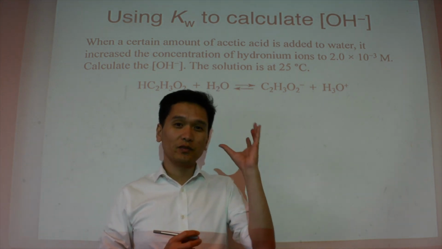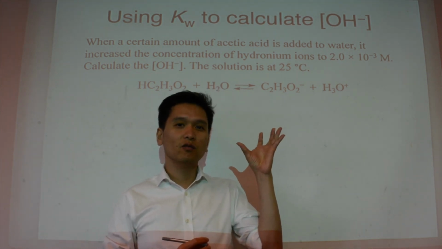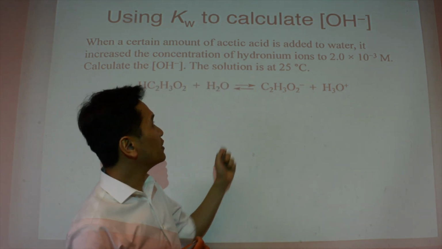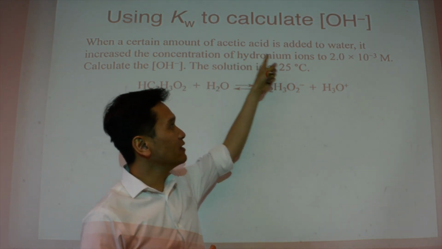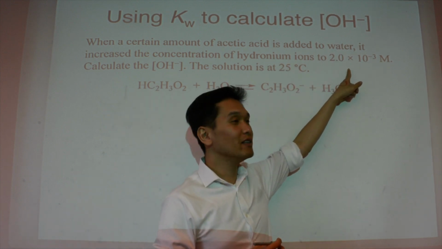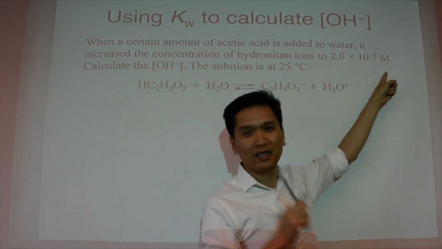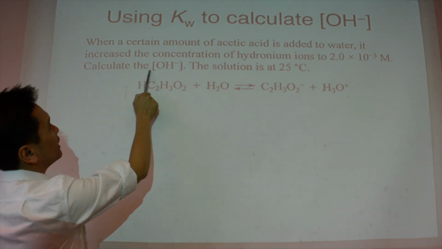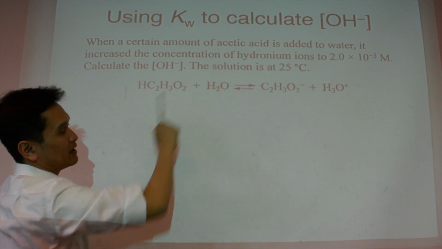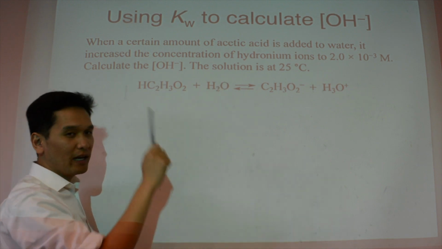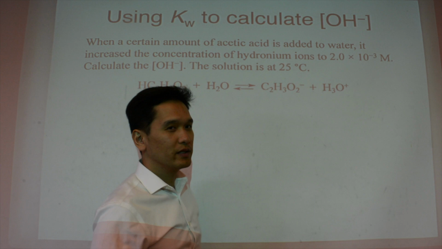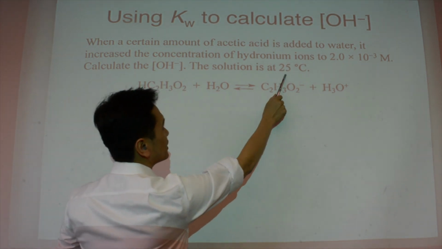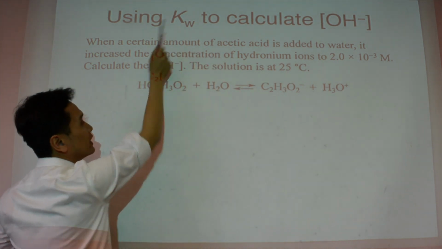Before, if you have just pure water, you have 1.0 times 10 to the negative 7 molar of hydronium ion. But since you're adding acid in there, the concentration has increased, right, from negative 7 to negative 3. That's an increase. So the question is, calculate the hydroxide concentration if this is at 25 degrees Celsius. And again, in this class, we will always use 25 degrees Celsius, but I stated it there just to be clear. Because if I say it's at 25 degrees Celsius, then we know what Kw is.